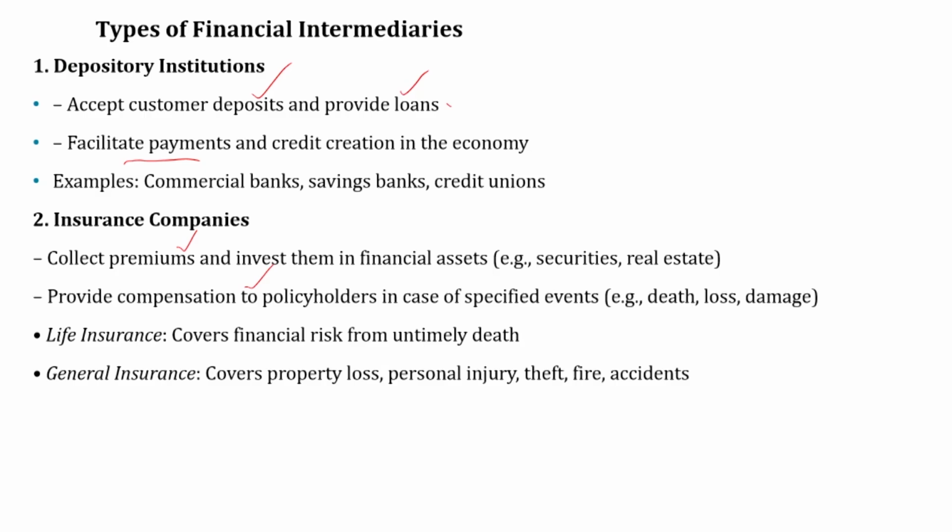There are two major types of insurance companies. That means broadly, insurance companies can be categorized into two. One is called life insurance companies. Life insurance protects against financial risk of untimely death. Then general insurance covers risks such as property damage, theft, accidents, or personal injury.